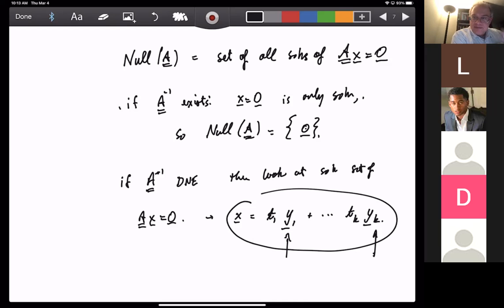In the previous example, we just had S and T, so there were two vectors involved. We have to take the span of those two vectors. In general, you look at how many free variables you have. That's going to tell you how many vectors you need to be able to build everything in your null set.